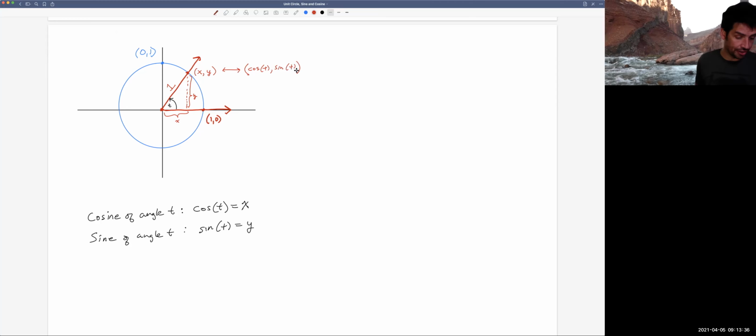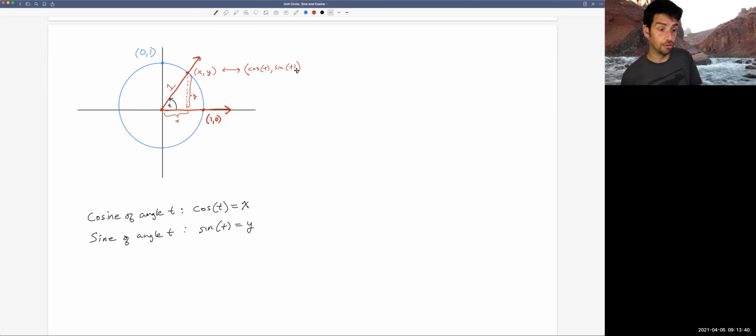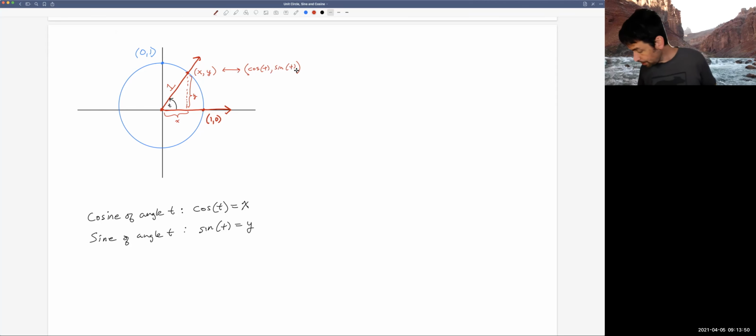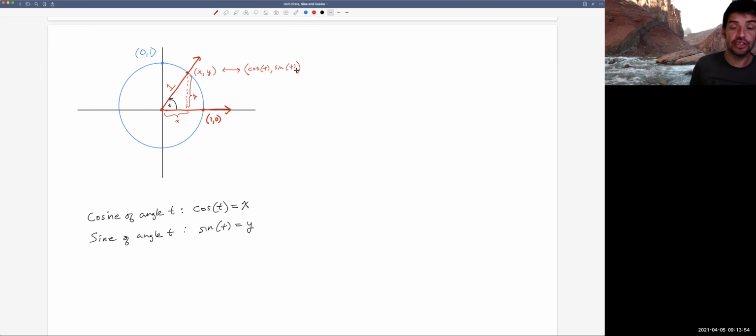This is the definition of our trig functions. We'll see in the next section that there are more than these two, but these are the two basic ones that we can build the rest out of. And we have related them to circles instead of perhaps the triangles you may have seen them with first.